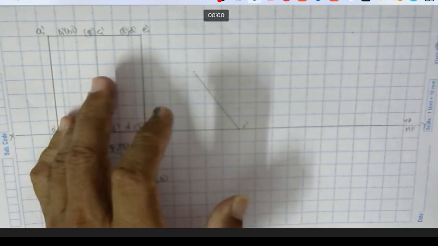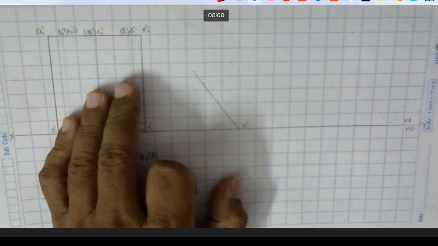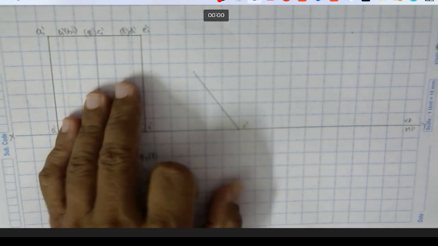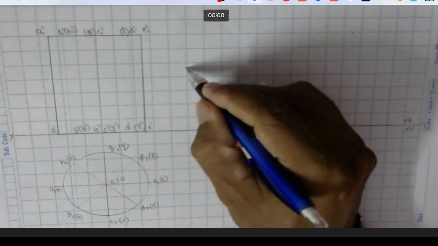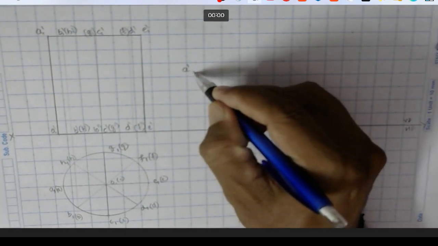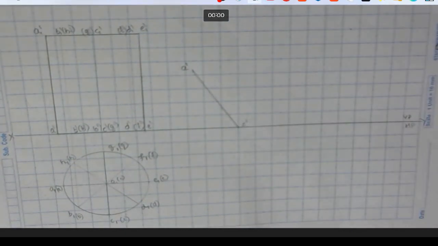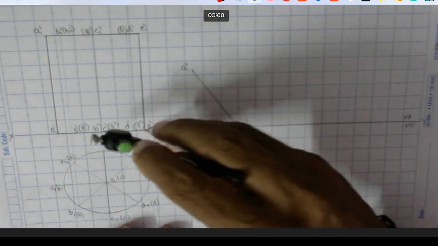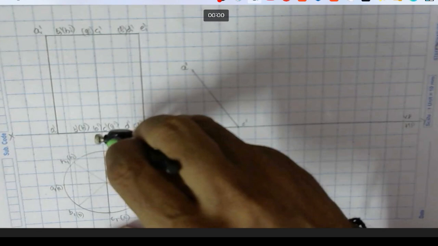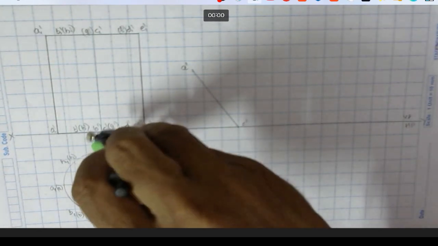Okay. Now with the help of compass, mark all the remaining points. Now this extreme point refers to A dash here. Now with the help of compass, measure the distances. So let us go first for D dash.